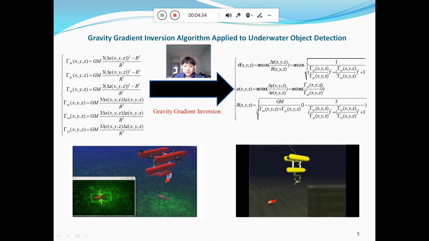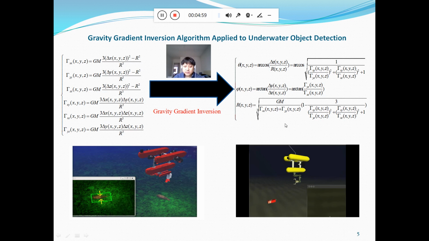In this equation, theta and phi mean the relative orientation between the mobile robot and the object. R means the relative distance between the mobile robot and the object. So, we can use these equations to realize underwater object detection.